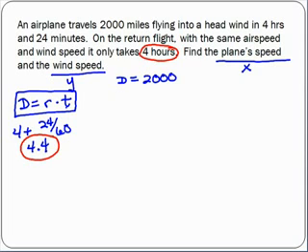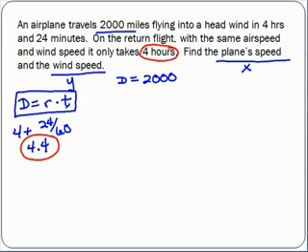But on both of them, what they have in common is that they're traveling 2,000 miles. So their distance is the same thing. But you have to remember that we've got to find two things. So to find two variables, you have to set up a system of two equations.